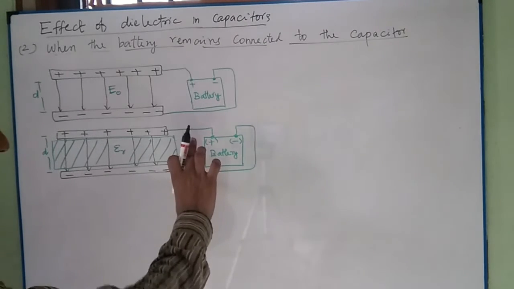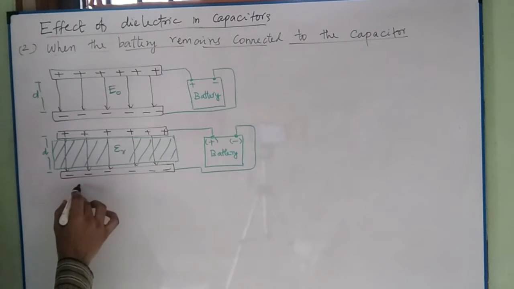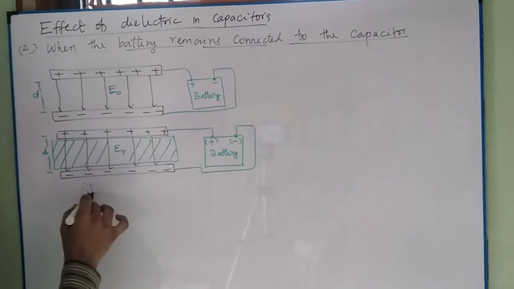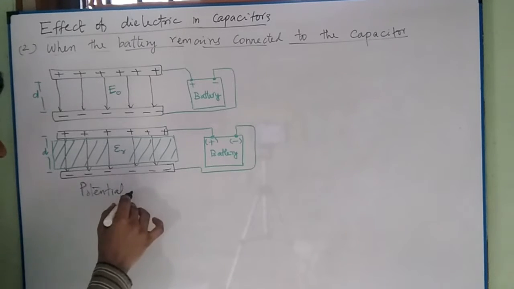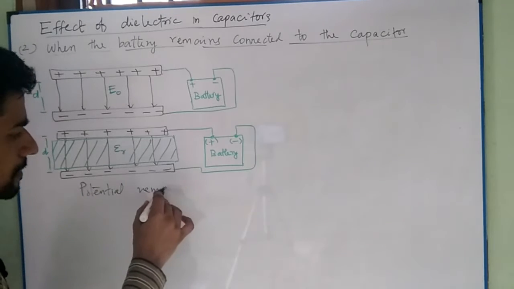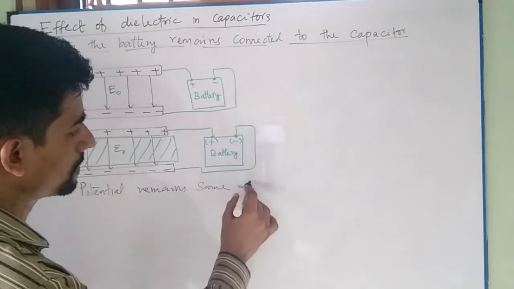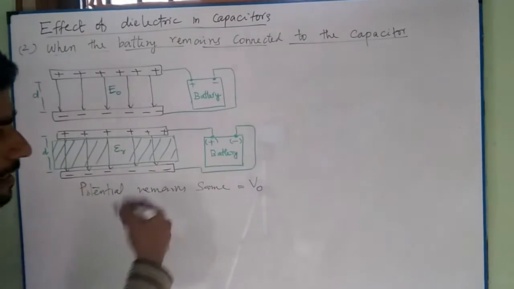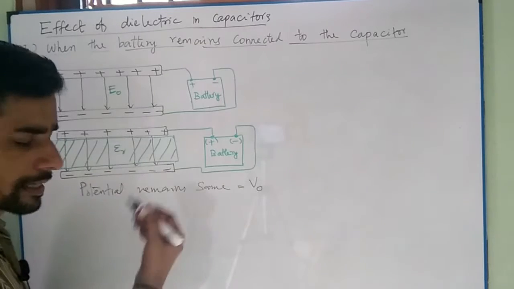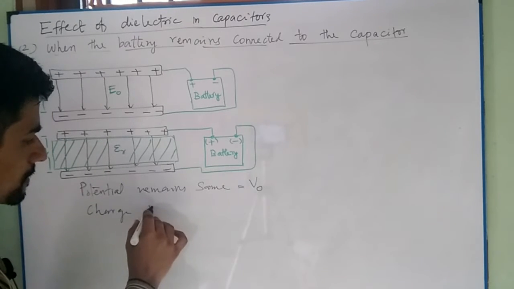Since the battery is connected to the capacitor plates, the potential between the capacitor plates remains the same. Potential remains the same, equal to V0. At the same time, the charge of the capacitor increases.